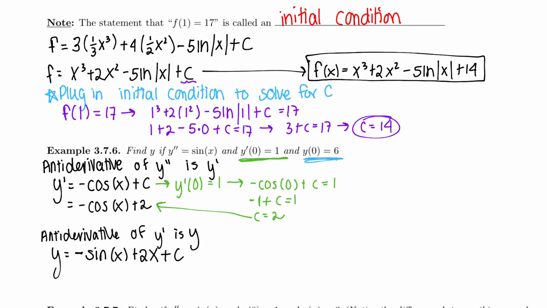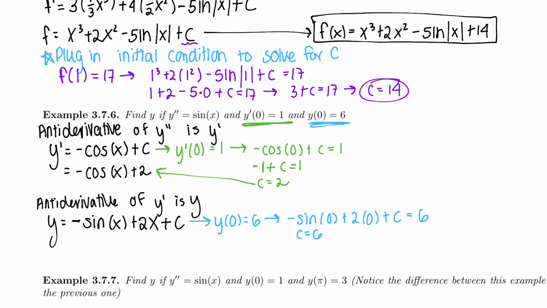I have information about y that was given to me. y of 0 is equal to 6. So plugging in 0 for x, negative sine of 0 plus 2 times 0 plus c is equal to 6. Sine of 0 is 0. 2 times 0 is 0. So this just comes down to c is equal to 6. So you have your final answer. y is equal to negative sine x plus 2x plus 6.